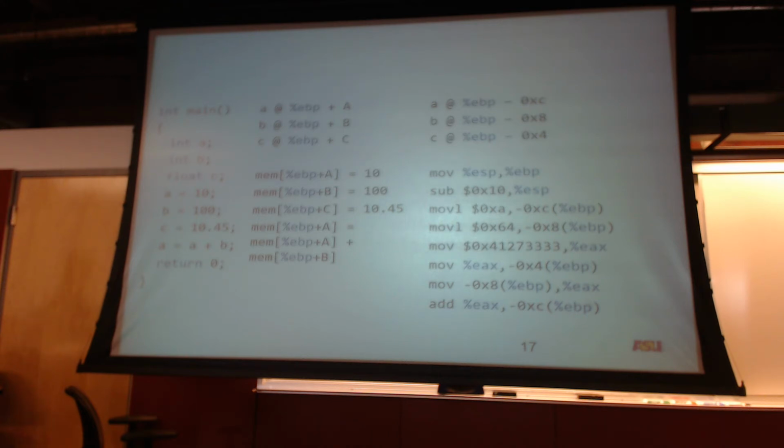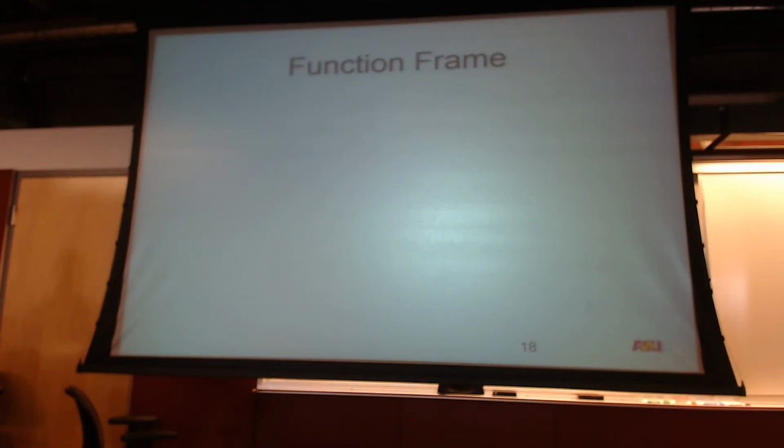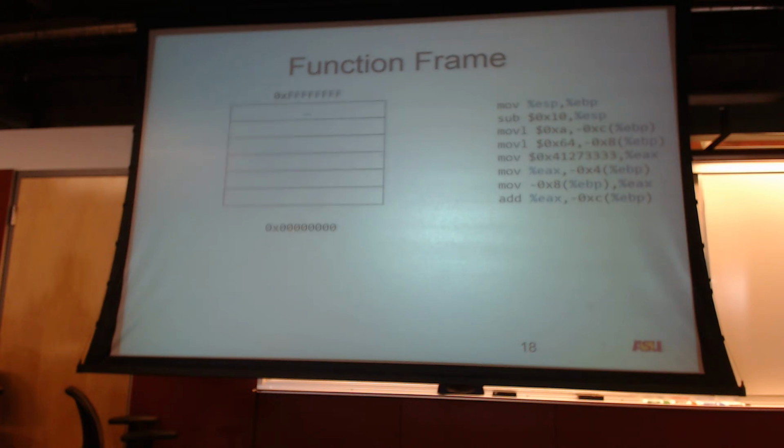Right. So next, we'll see how this function frame is manipulated by this code. Actually, let's just do it briefly, because it's similar to what we did. So what happened was, let's say this is our stack.